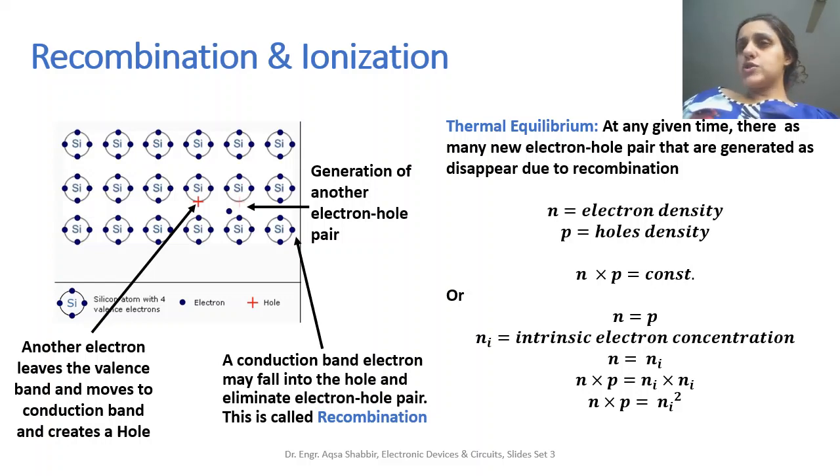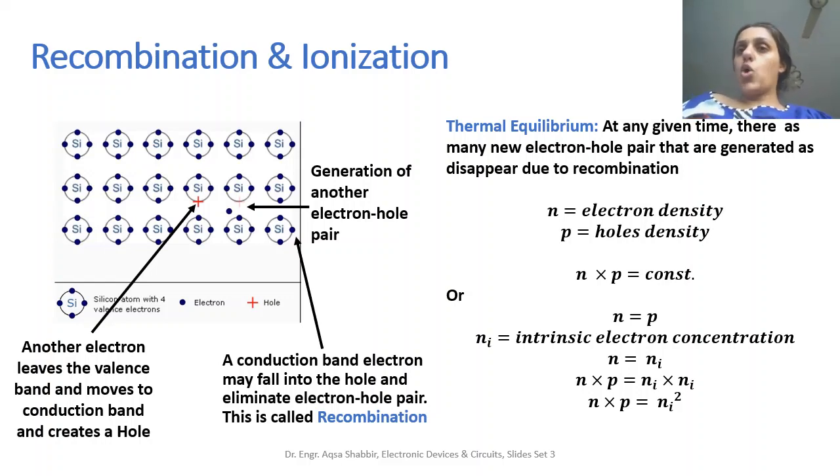Now this is also intuitive, because the number of holes is obviously equal to the number of free electrons, because it is only when an electron breaks free that a hole is created. So it is natural that the electron density is equal to hole density inside an intrinsic or a pure semiconductor.